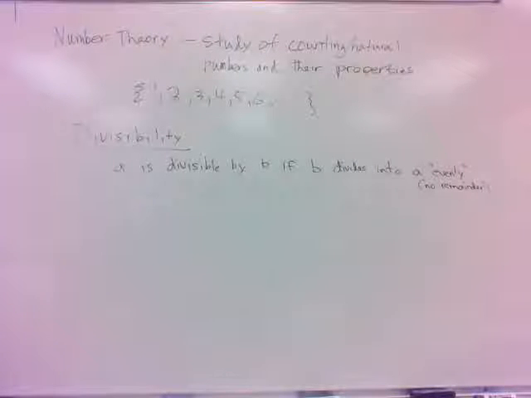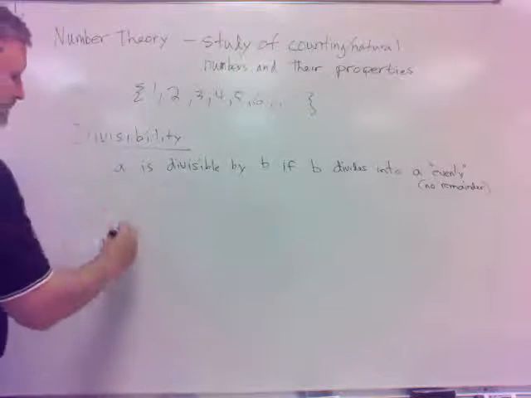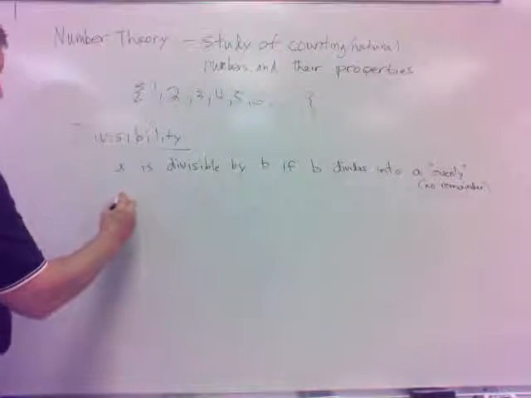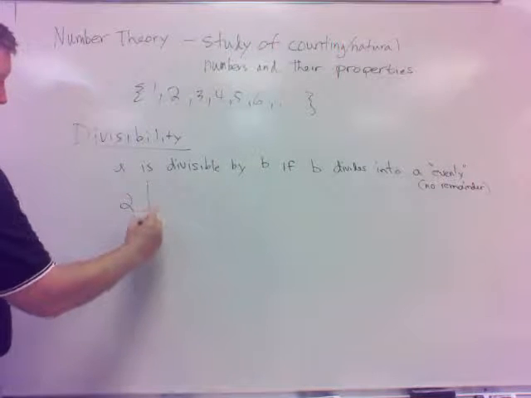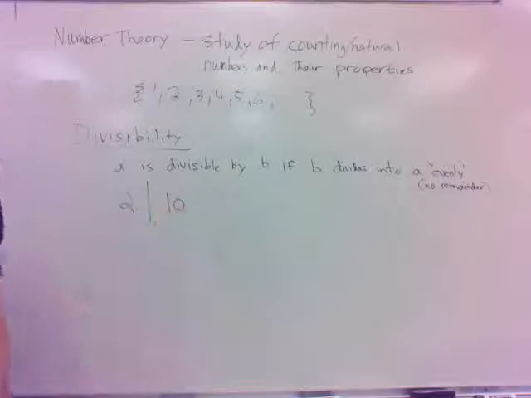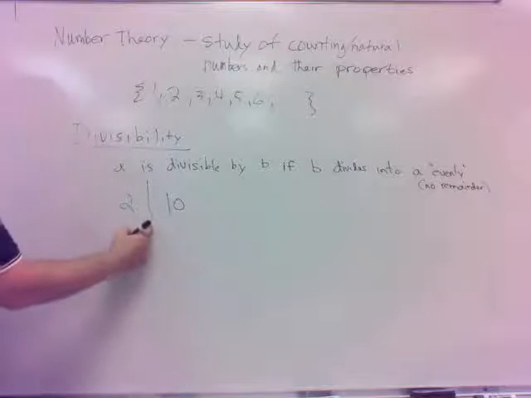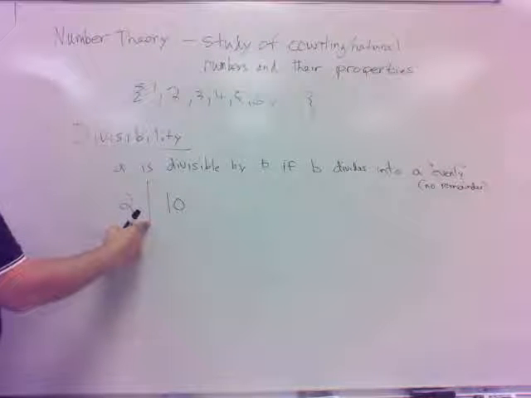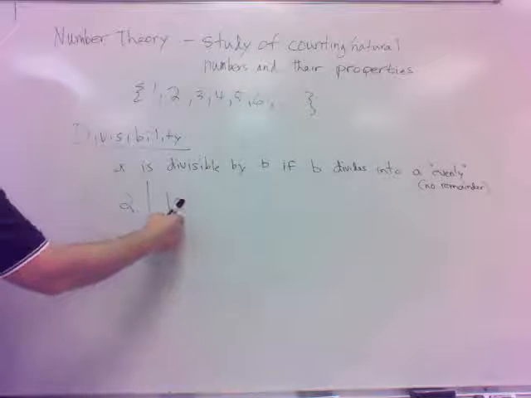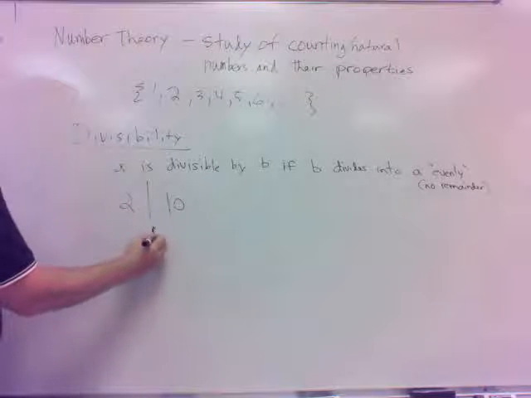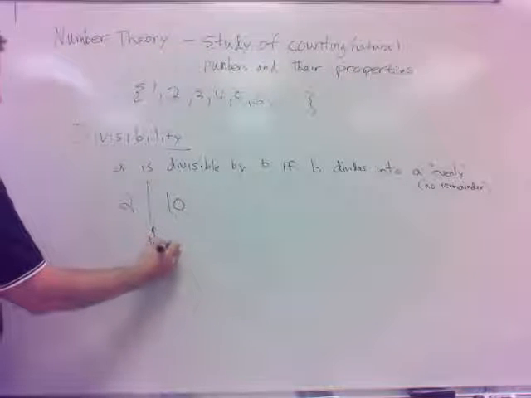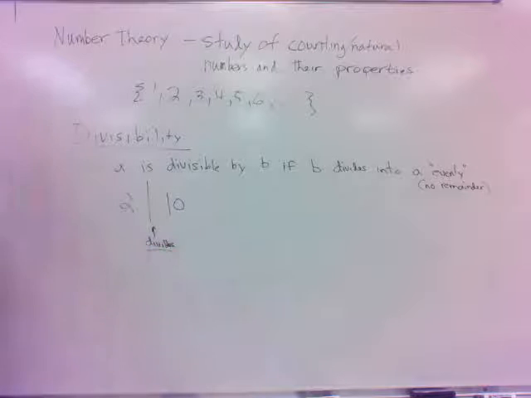All right, now there is a little bit of notation here for divisible. This line right here in number theory means divides. 2 divides 10, meaning 2 goes into 10 evenly.